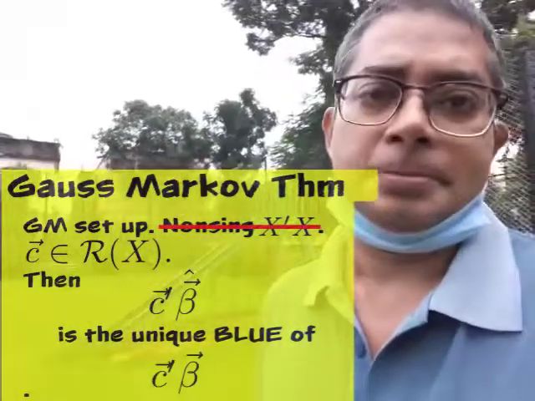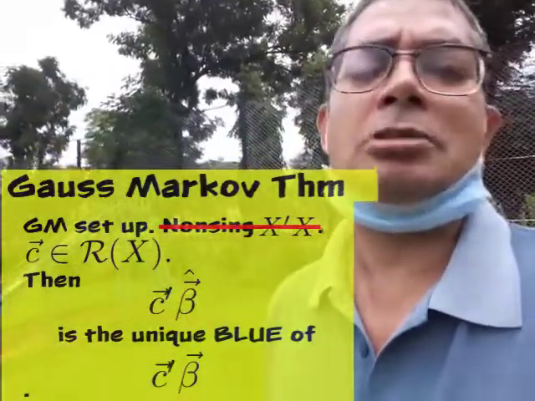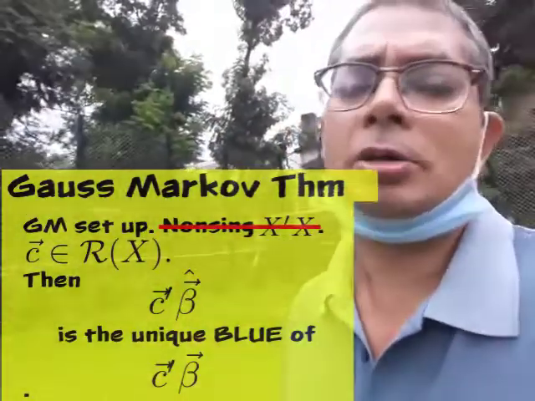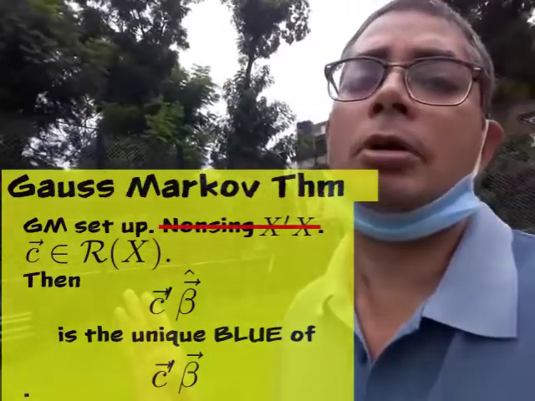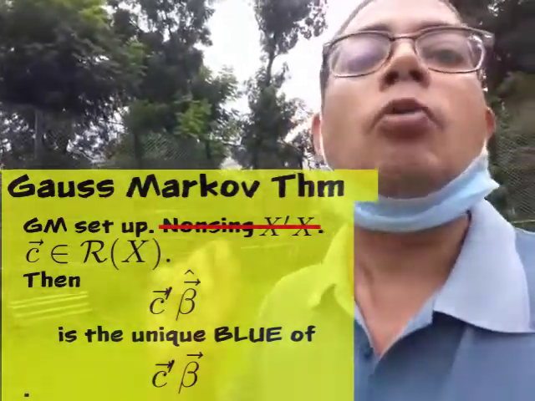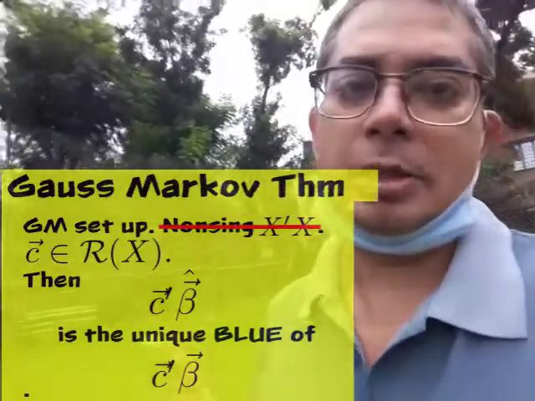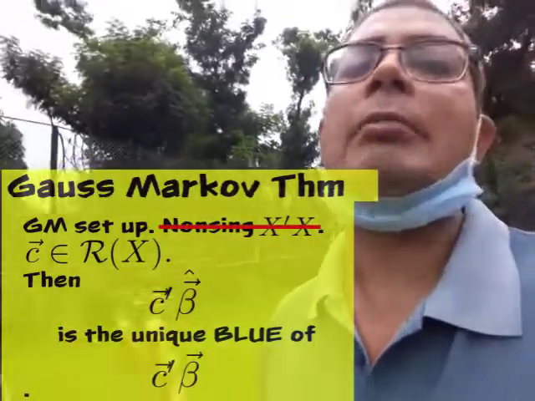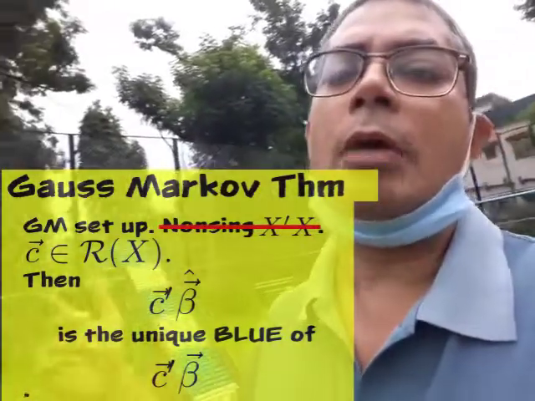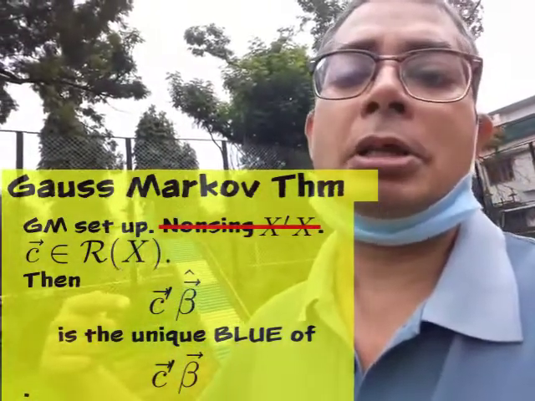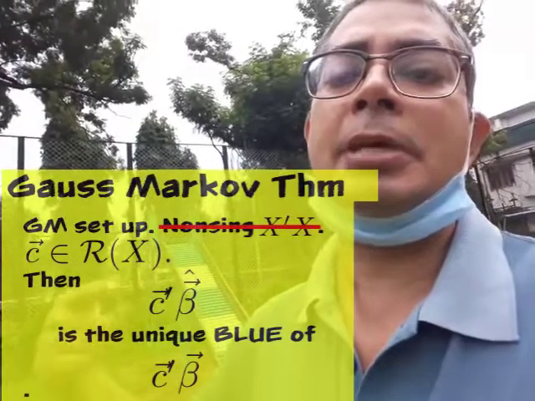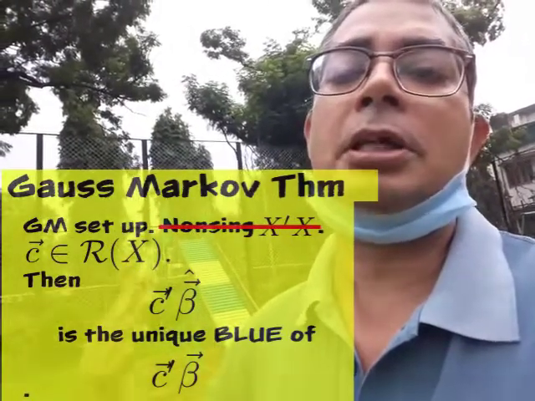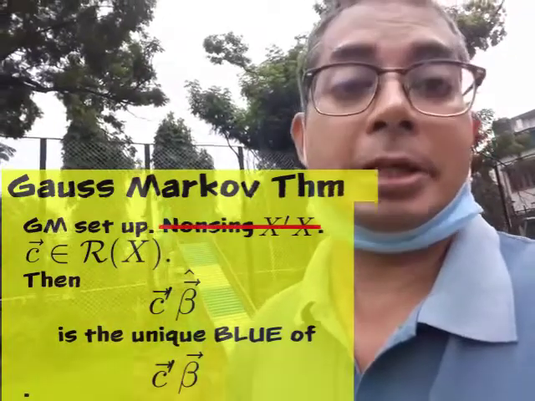Now, how to prove this? The proof is pretty straightforward and follows essentially the same argument we used for proving the special case, with one catch, and that is a serious catch. Suppose I try to show that it is unbiased. How will you do that? You apply expectation, c being a constant comes out of the expectation, and you work with the expectation of beta hat, right?